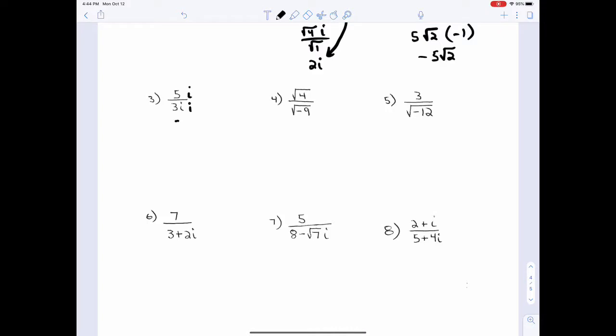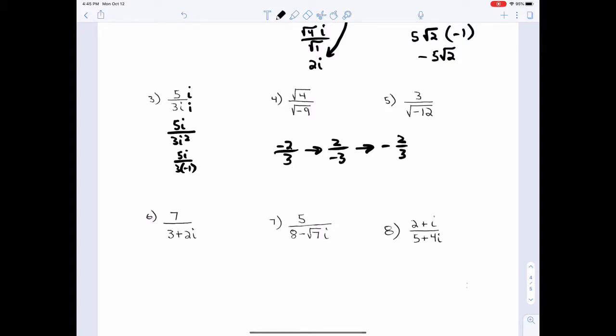And what does that give us? 5i over 3i squared. And what's the i squared on the bottom? A negative 3. So we have 5i over 3 times negative 1. And you can remember, I hope you realize this, negative 2 over 3 is the same thing as 2 over negative 3, which is the same thing as negative 2/3.